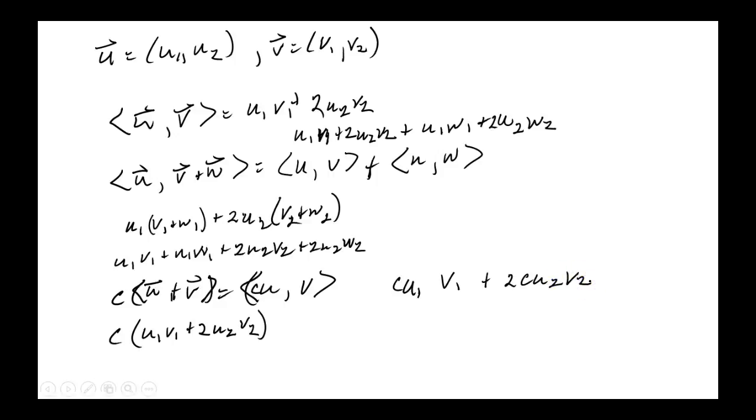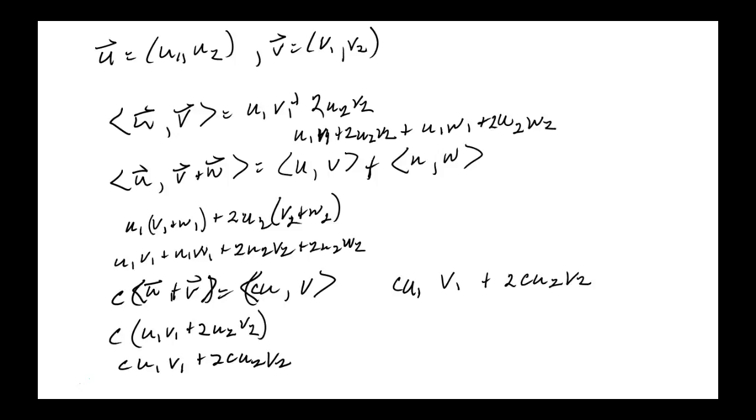And if you multiply this out, you get CU1 V1 plus 2 CU2 V2. That's exactly the same thing you've got there. All right, so the third one's met.